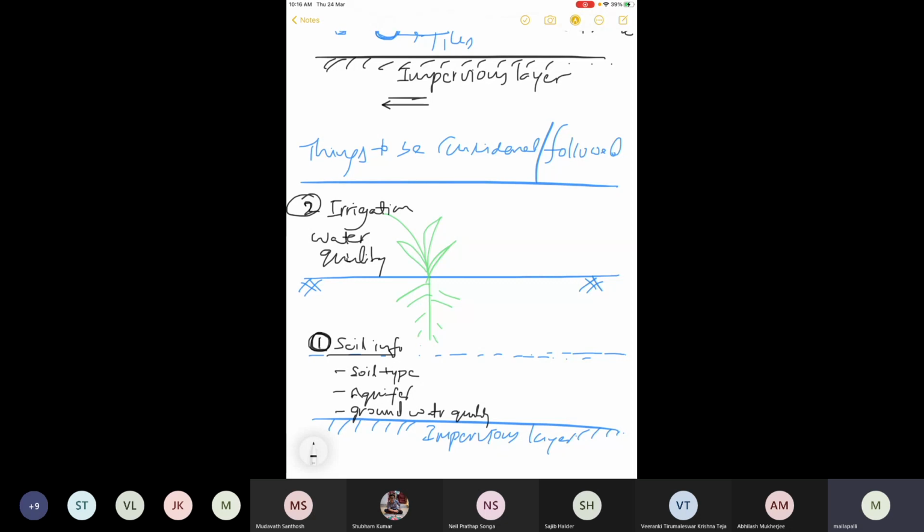So make sure that you are irrigating with salt content within acceptable limits. If it is more, then that's going to accumulate salts. And third is source examination, so the third is the source of excess water.